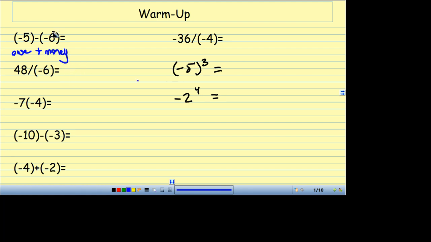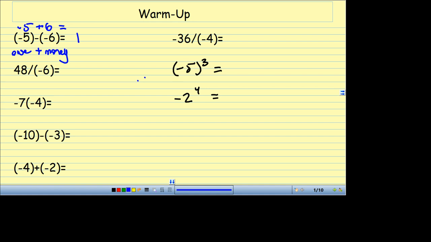So if you owe $5 and you have $6, what happens? Well, at the end of the day, when you reconcile that debt, you end up with $1 in your pocket. Yep, $1.